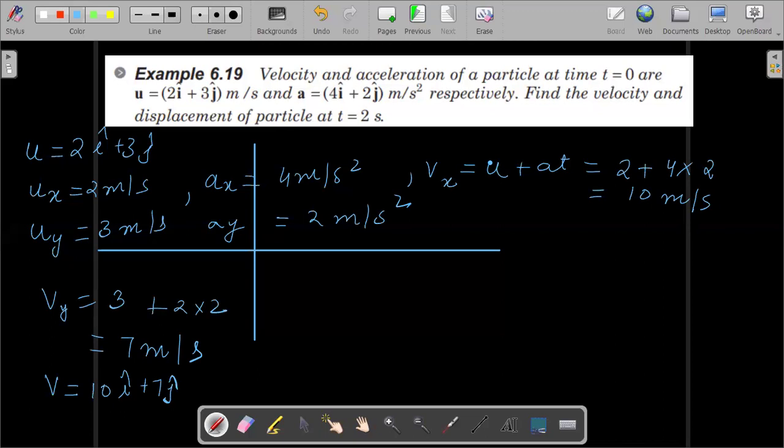Sir, to find displacement, we have to use v equals u plus at only. No, no, no. How can you find the displacement using this equation? You need to use the second equation of motion, s equals ut plus half at squared, or you need to use the third equation of motion. Okay, sir.